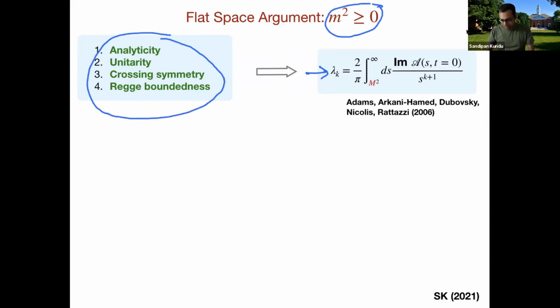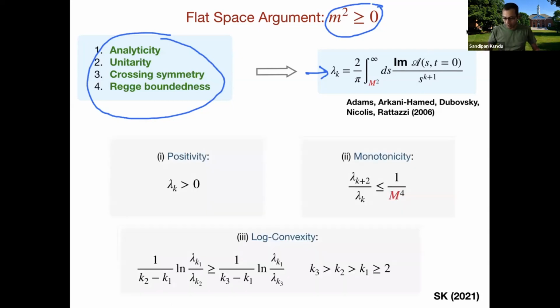And just from this dispersion relation, it has the same structure as the CFT sum rule that I wrote down. So the positivity, monotonicity, and log convexity follow directly from this dispersion relation. For some reason nobody wrote down this constraint, but this is a standard exercise. There is nothing fancy going on.